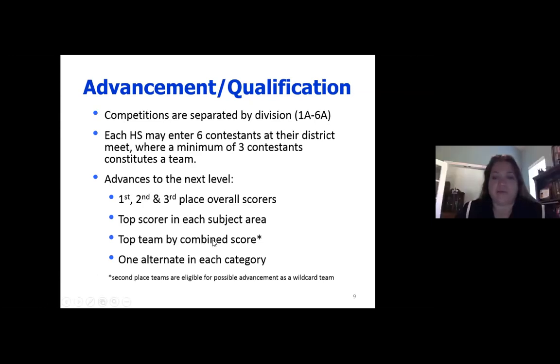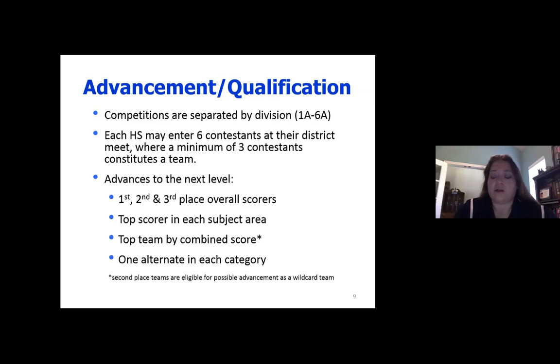You don't have to give me the screen or anything, but competitions are separated out by division. So all of the schools are categorized as division 1A through 6A. So even though everybody is taking the same exact test, doesn't matter which school you're at, you're going to take the exact same test, but you are competing against individuals that are at the same school level as you are.